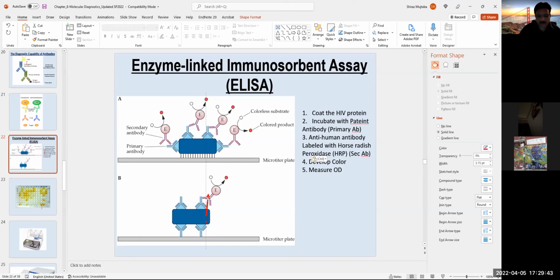If I don't have antibody, then this secondary antibody will bind to nothing, so the reaction will not take place. If I have antibody, then this becomes the primary antibody and this becomes the secondary antibody. When we add substrate, then there is formation of product.